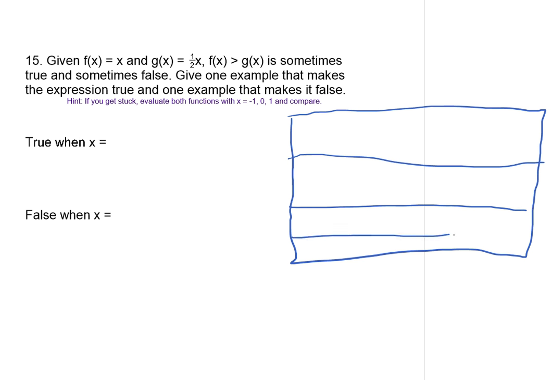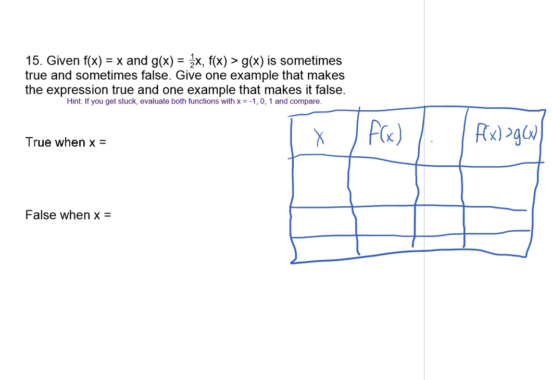So this will be x. We'll make one for f of x, and then one for g of x, and then one for our inequality, f of x is greater than g of x. So again, we're going to try negative 1, 0, and 1.